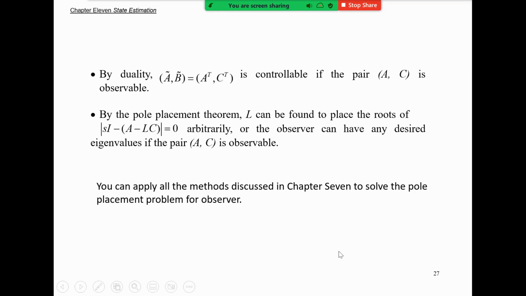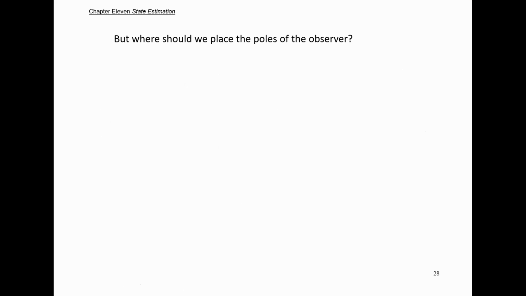If there are multiple outputs, meaning multiple inputs in the dual problem, then you can use either the unity rank or the full rank method. So you can use whatever you prefer to solve the observer design problem. But before we solve the problem, we need to know how to choose the desired pole positions, so where should we place the poles of the observer?